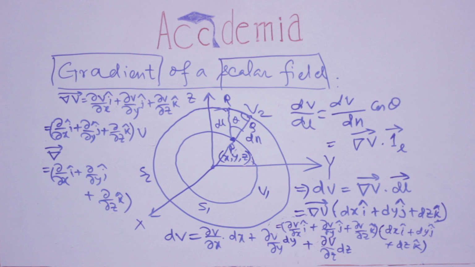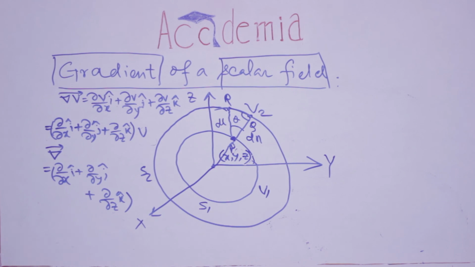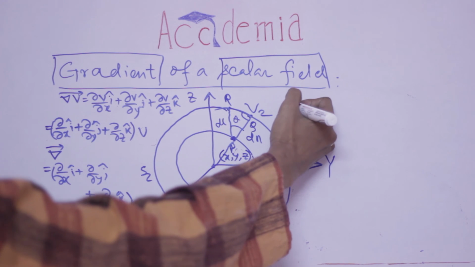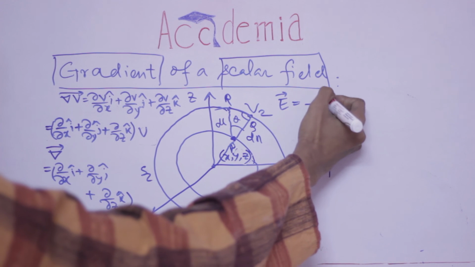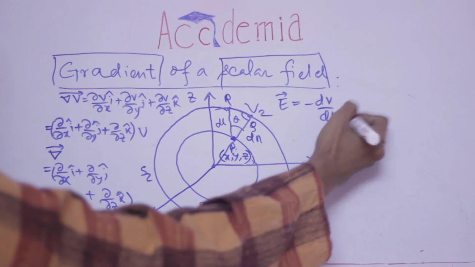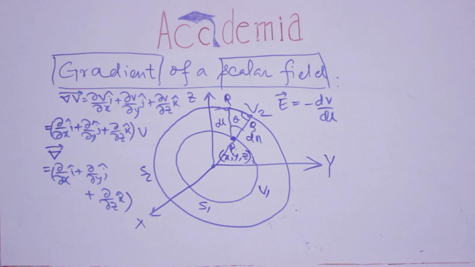Now, what is the nature of this vector? We shall try to understand this with a simple known example. We know that E vector is equal to minus dV dl, where E is the electrostatic field and V is the electrostatic potential. Now say our function V is this electrostatic potential function.